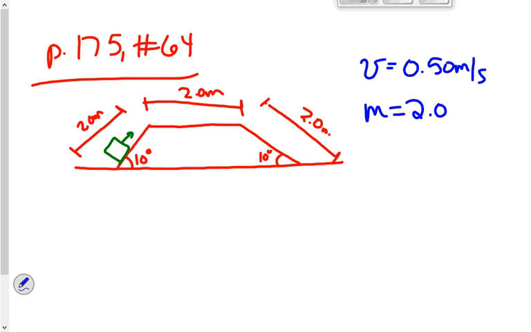Okay. And what are we looking for? We're looking for the power. Okay? And we're not just looking for any power, but we're looking for the power due to what force? The conveyor belt on the box.